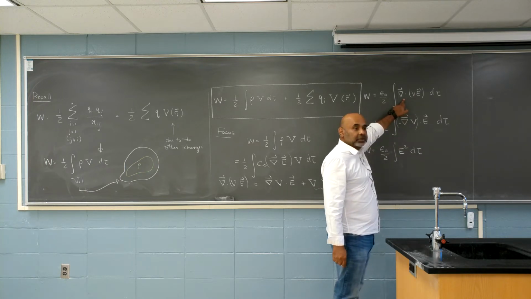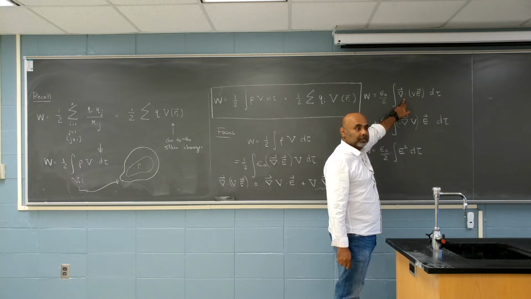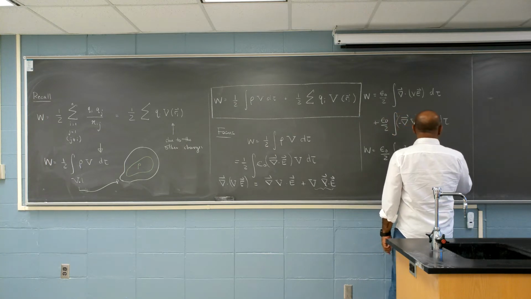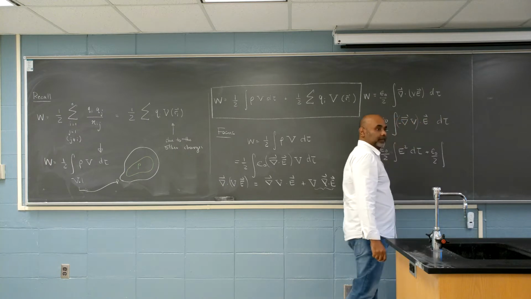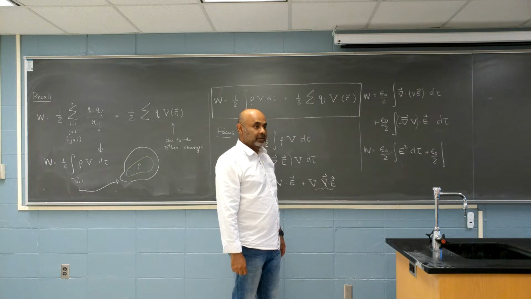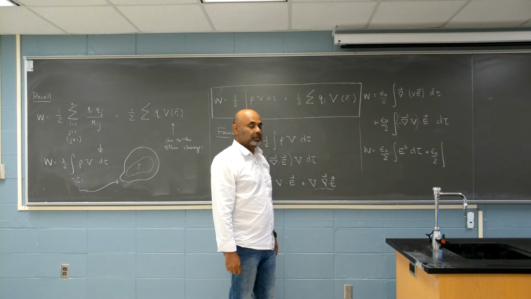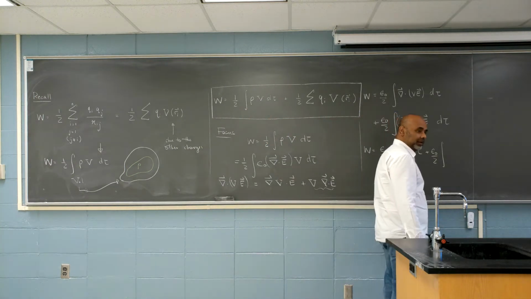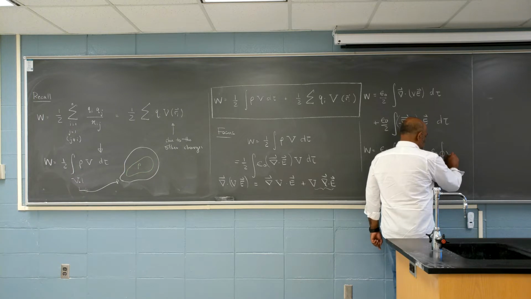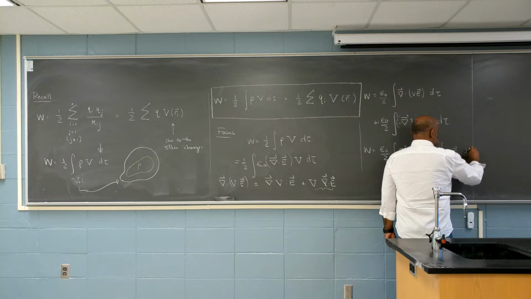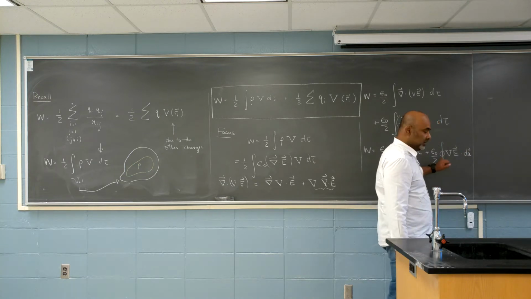Here what I'm going to do is use the divergence theorem and replace it with, tell me, who recalls what I should replace it with? The what? Correct. It would be V, very good, E dot dA on the boundary of that surface.